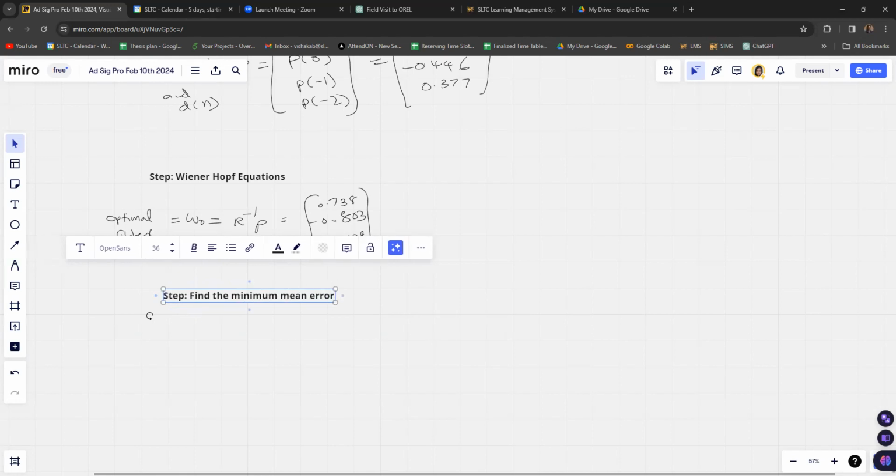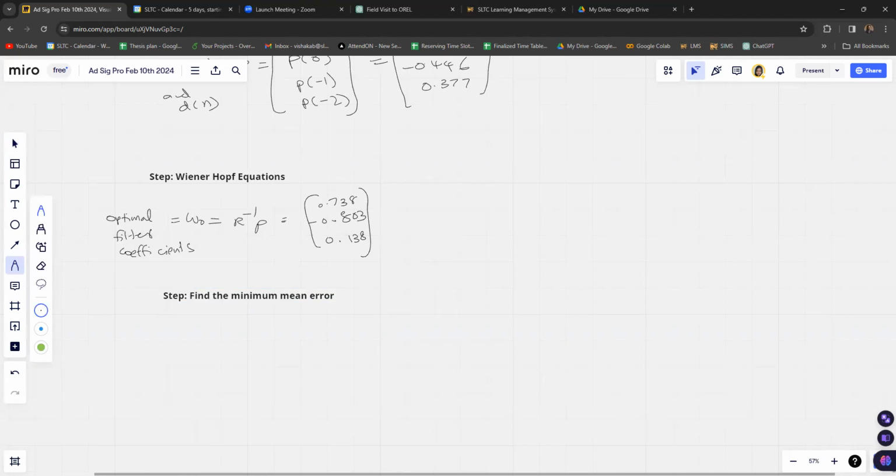So minimum mean error, that equation also we discussed in the Wiener-Hopf equation. So that is given using this, the minimum mean error, J min, let's say. It is given as the desired signal's variance minus the transpose of the cross correlation matrix with the optimum filter coefficients.